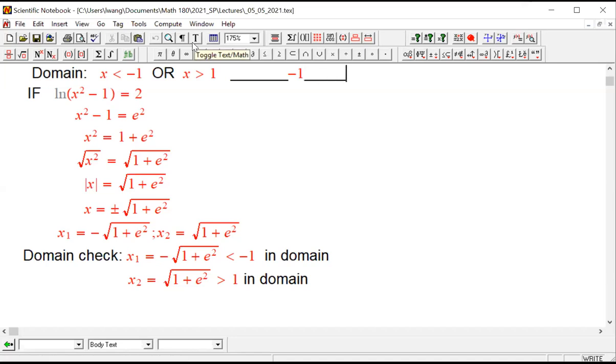When you have x squared equals 1 plus e squared in the middle, can you just plug that into the original equation, where ln x squared is right there?